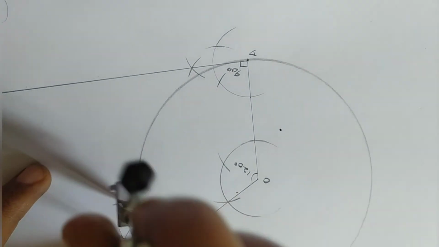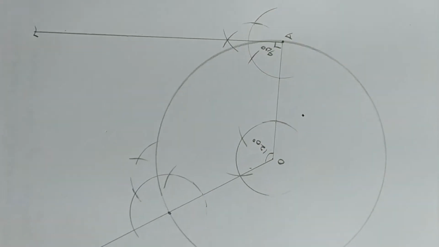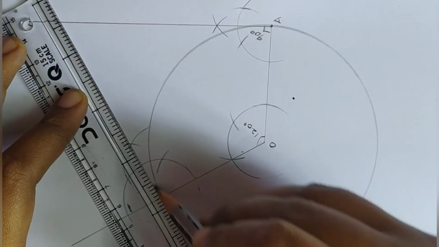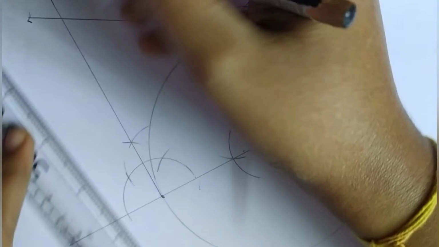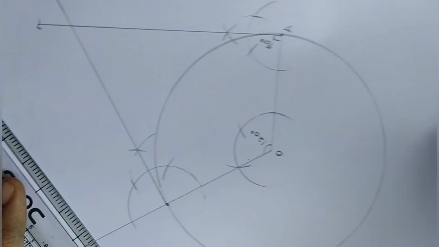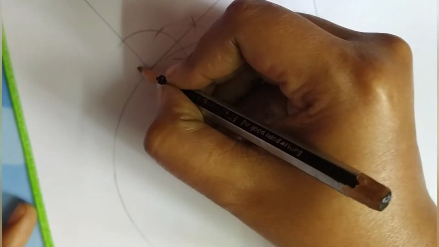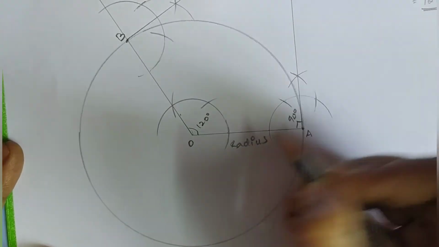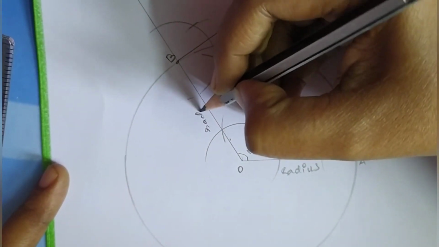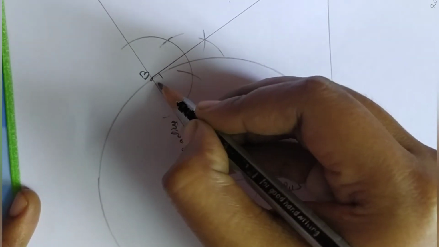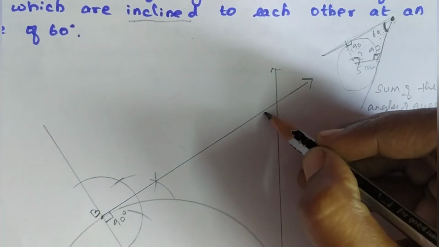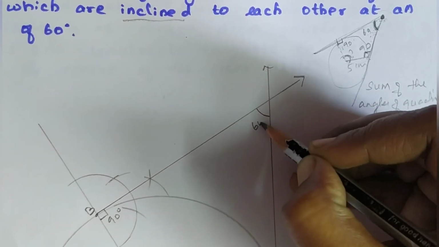The angle bisector of 60 and 120 will be 90 degree. Now join. Mark this point as B. So OA and OB are the radii, and we have drawn 90 degree. This is 90 degree, this is 120 degree, so this angle must be 60 degree.